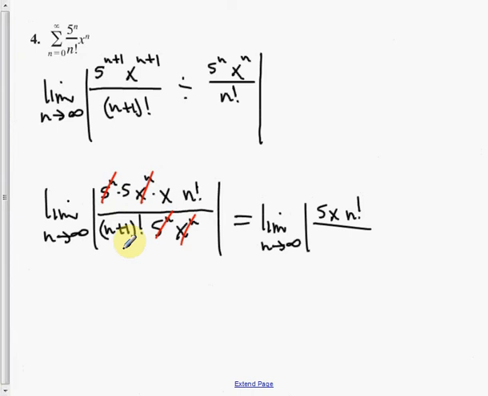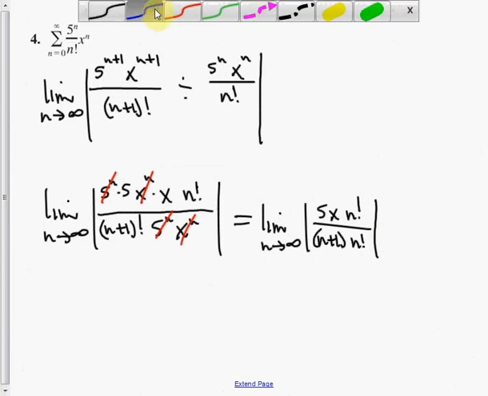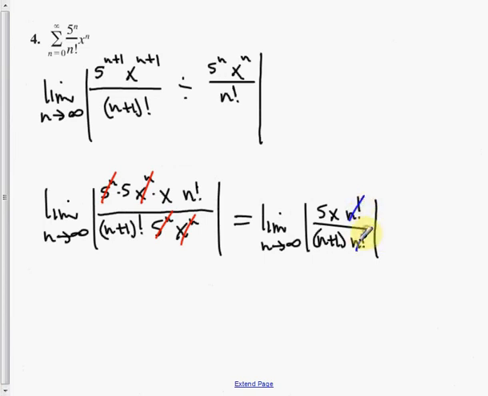Remember, you can write n plus 1 factorial as n plus 1 times n factorial. In other words, 4 factorial is 4 times 3 times 2 times 1, or 4 times 3 factorial. Means the same thing. So we do that to show the relationship between the numerator and denominator, so the n factorials cancel out.